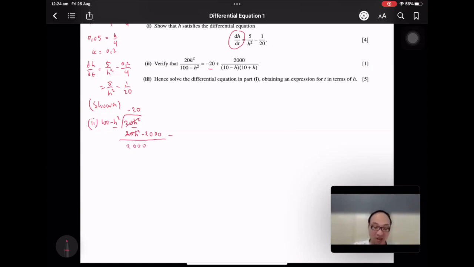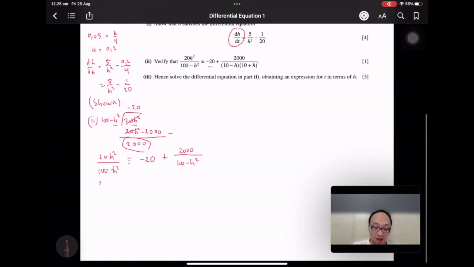So the result is that 20h squared divided by 100 minus h squared is equal to negative 20 plus 2000 over 100 minus h squared. Or I can rewrite it as negative 20 plus 2000 over 10 plus h and then 10 minus h.